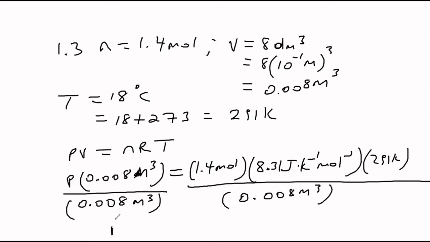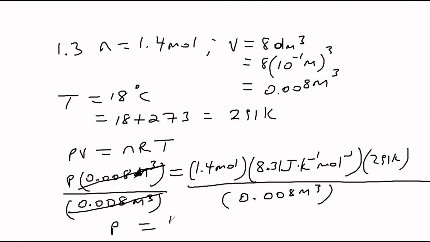Okay, let's punch it into our calculator. So this cancels this. So in the left-hand side, we're left with P. In the right-hand side, we calculate 1.4 times 8.31 times 291, divided by 0.008. Okay.